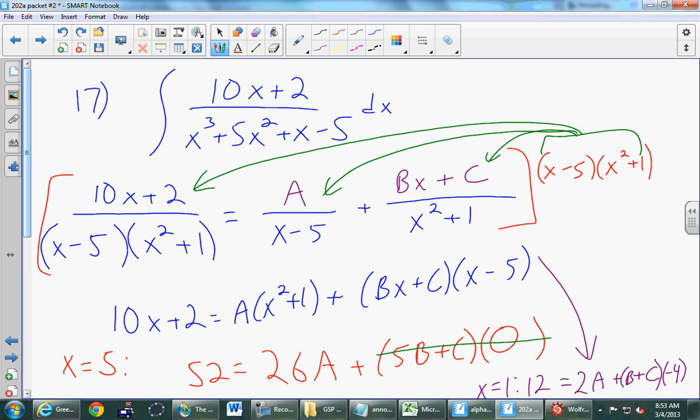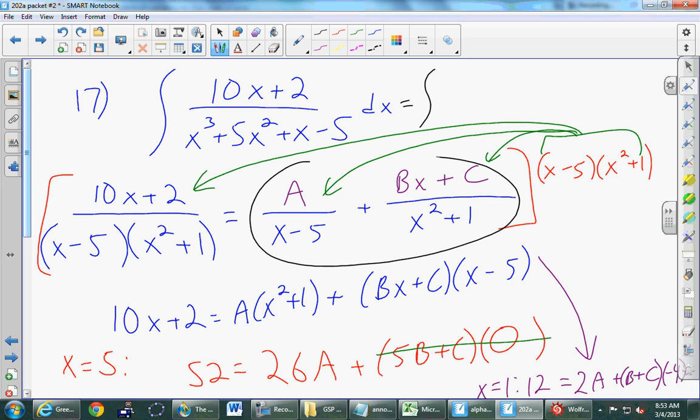So I'm going to come up here and write equals integral of. I'm going to circle this part right here. This is what I'm plugging in up there. We found A. How much is it? A is 2. So this becomes 2 over x minus 5 plus. We found B. It's how much?